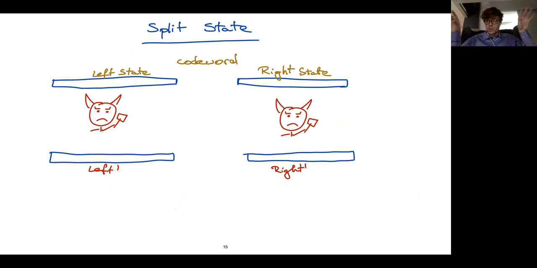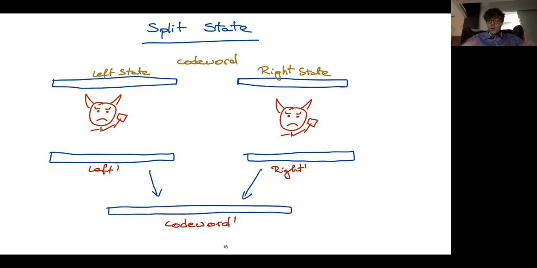The adversaries agreed on the strategy. They share some common randomness, all that stuff. It's just that when the tampering happens, I tamper the left state without seeing the right state, and then I tamper the right state without seeing the left state. And the combined left prime and right prime give me the new code word prime.